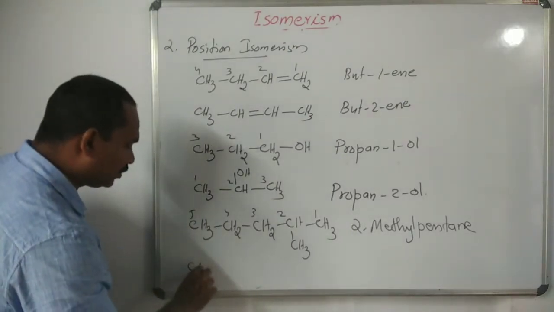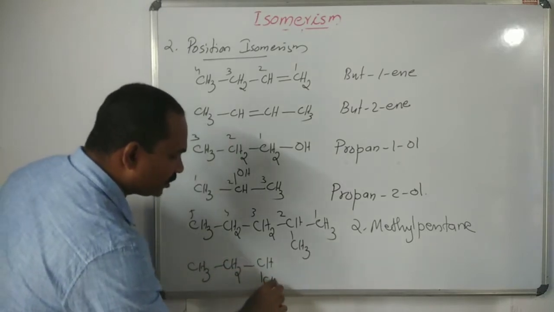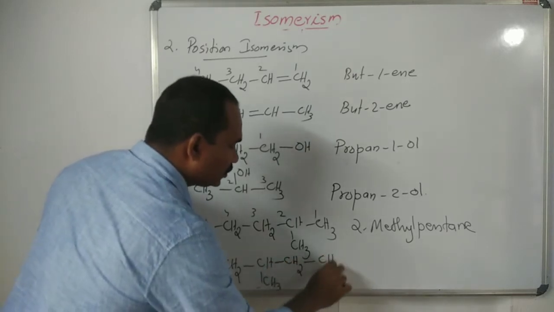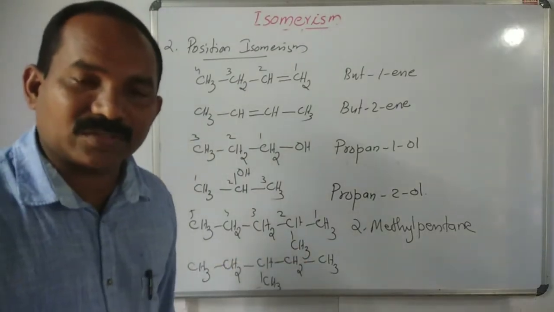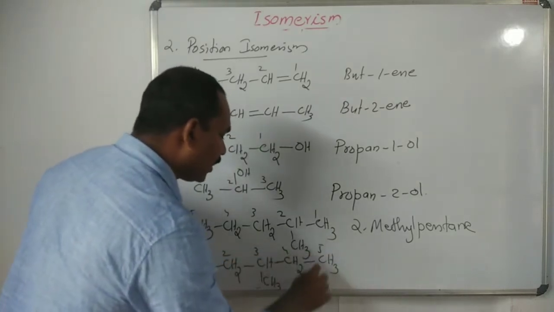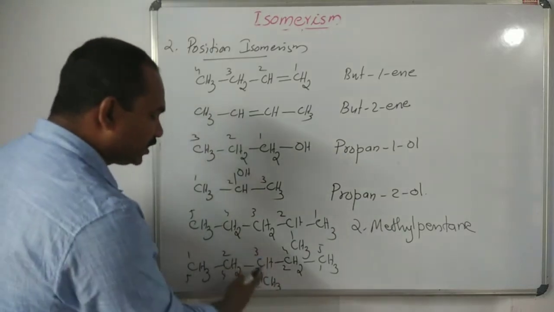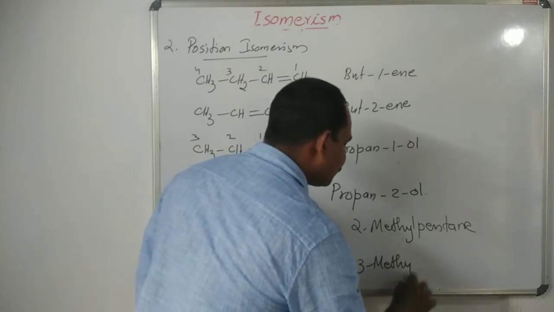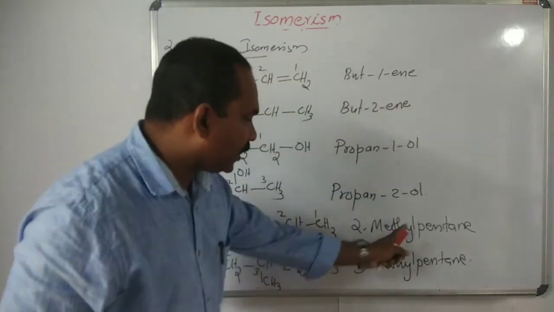And another molecule: CH3, CH2, CH, CH3, CH2, CH3. From either direction, the position of the substituent is 3. 1, 2, 3, 4, 5. In both directions it is the third position. So, 3-methylpentane.